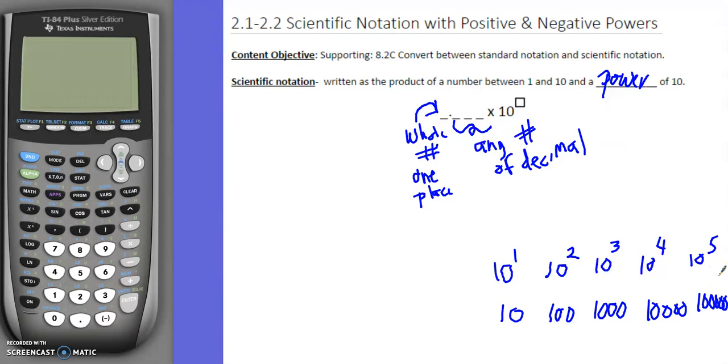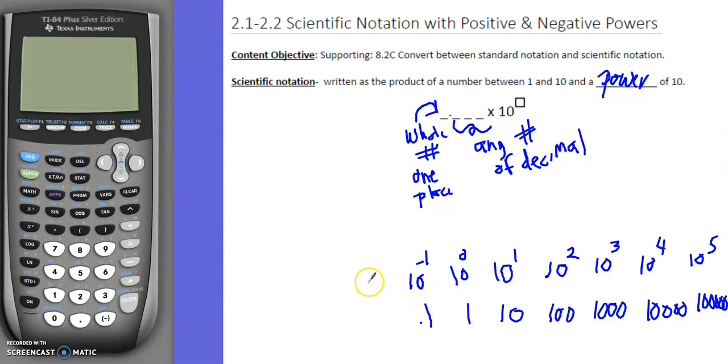All right, so now let's go in the reverse direction. So 10 to the 0 power is a unique case. Anything to the 0 power is 1. Now let's talk about negatives. So 10 to the negative 1, that's going to be 1/10, 0.1 or 1/10.